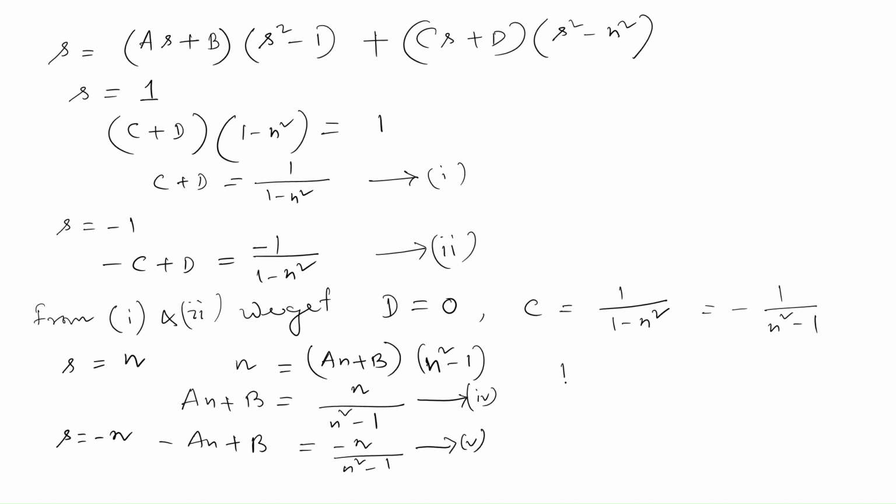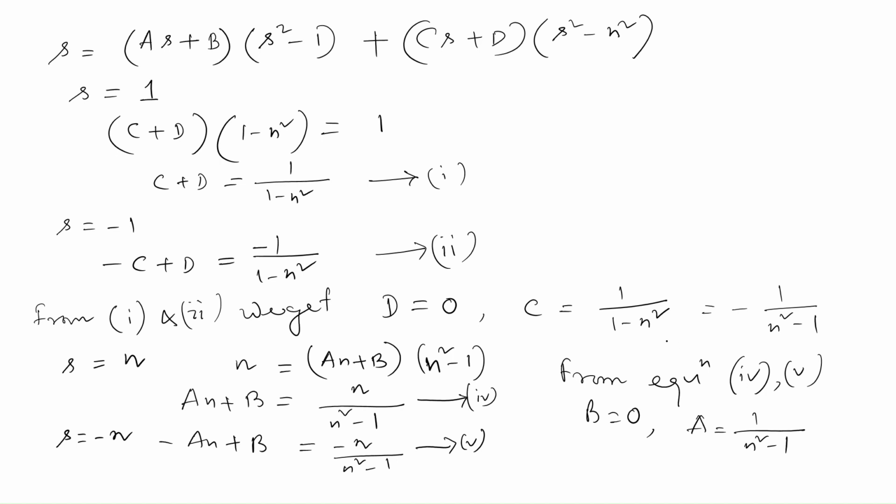So from equations 4 and 5 we get, if we add them, an minus an will be cancelled and twice b, and the right-hand side cancels, so b equals 0. Putting b as 0 we are getting an as n by n square minus 1, n will be cancelled, so a equals 1 by n square minus 1.